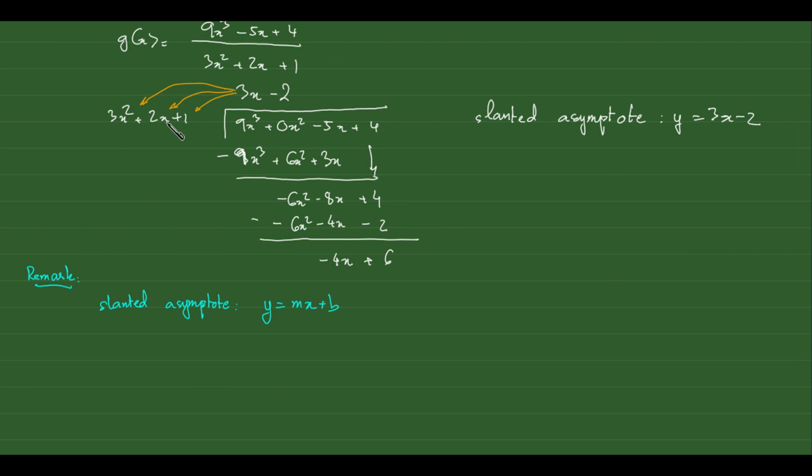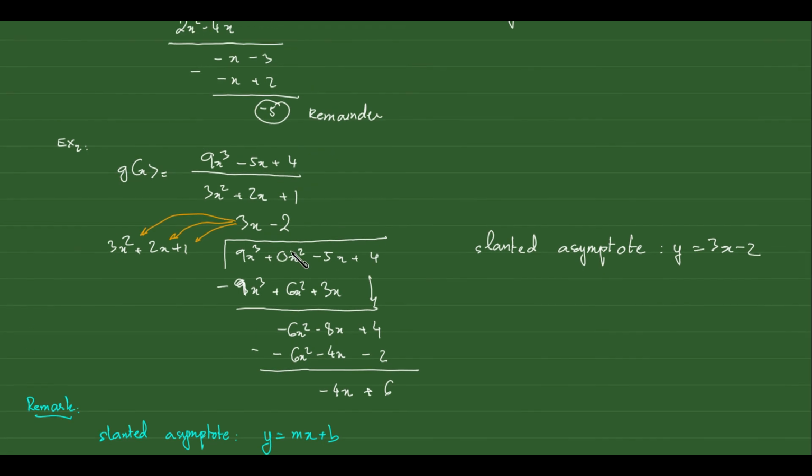And you must master how to do long division. Please go back to the lecture we had last time. You have to master long division. If you have any question with long division, you have to let me know right away. All right. So that is all the methods of finding asymptotes.